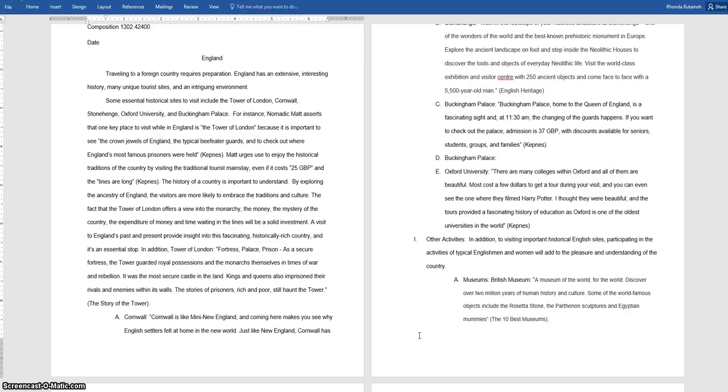There's my quote, but I don't want to just plop it in the middle of the page and have it very long. And so I would need to do some revision.